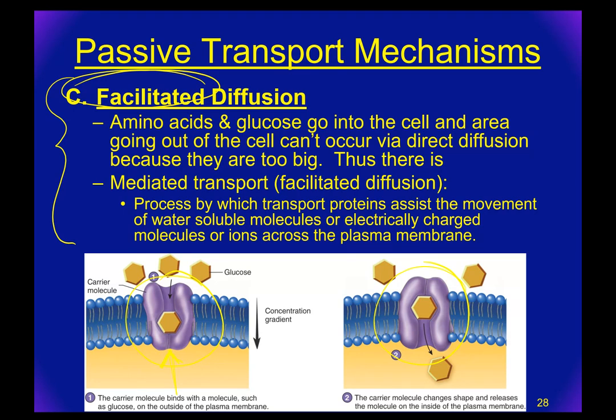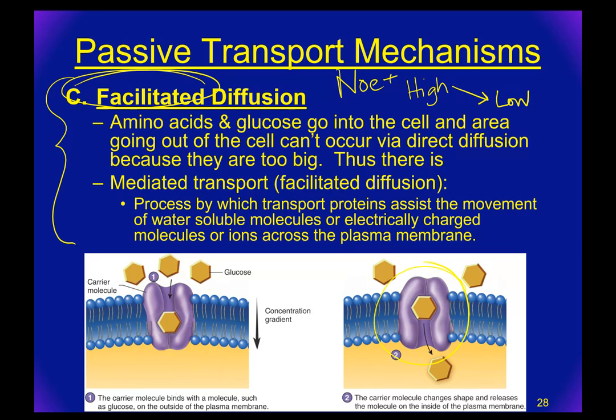Remember that with diffusion, this is still diffusion, no energy is required because I'm going from high concentration to low concentration. Okay, so using mediated transport, again, this is kind of helped out transport. I have a protein that helps me to kind of get equal on both sides.